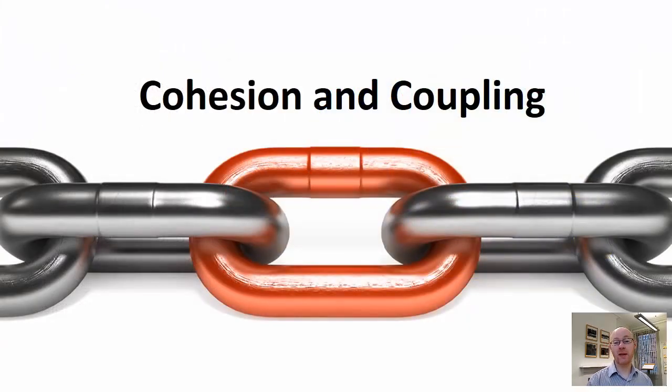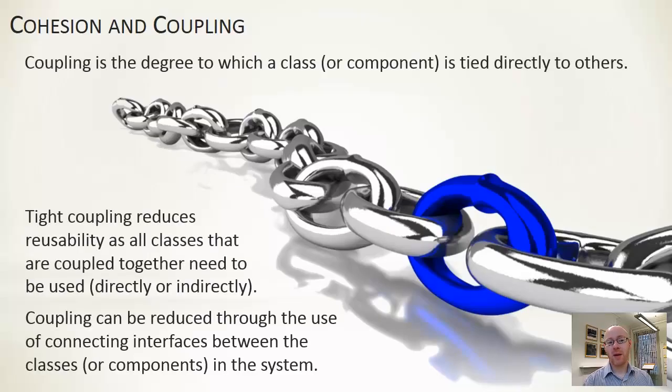Start off first of all then with cohesion and coupling. They're sort of related concepts that sit nicely alongside one another. By coupling, what we mean by this is the extent to which we have a class, or it could be a component, it could be several different classes, the extent to which it's tied into other classes or other components.